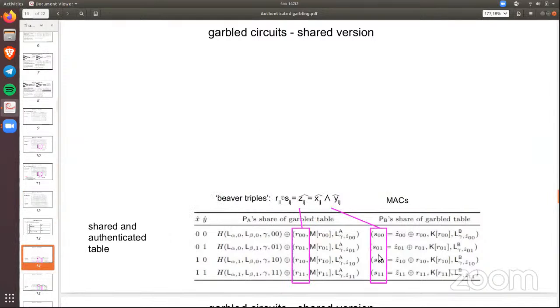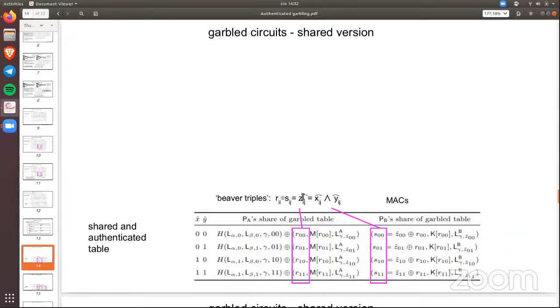These things are the beaver parts of the beaver triples. What we want from it is that R00 plus S00 equals Z00, which is the output of this particular gate. Sorry for the dashes being displaced.